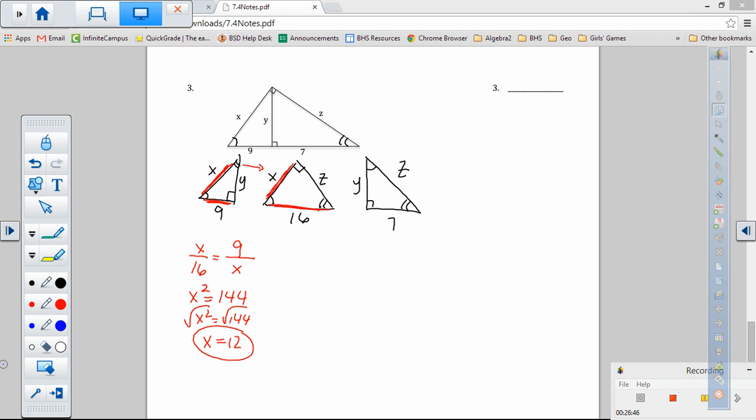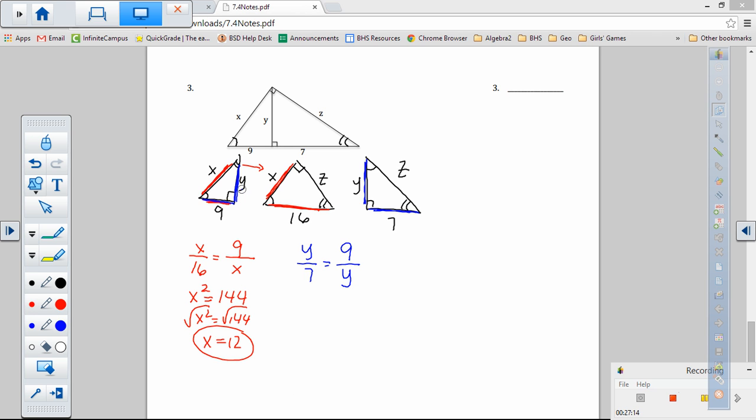Now in blue, let's solve for y. And since I'm solving for y and the 2 outside edge triangles have y in them, I'm going to do these 2. Y is to, find the matching markings. Y is to 7 as what in the left triangle is to y in the right. So find the markings and then find its corresponding side, 9. 9 is to y.